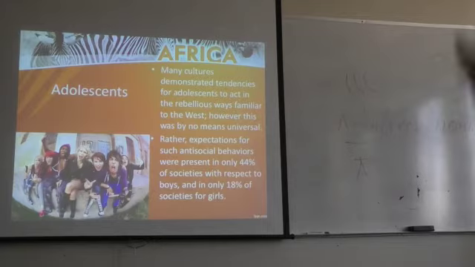So despite the fact that you had a rebellious society, it was only boys that could be rebellious. If you go to England, where the boys are sometimes thuggish, they're hooligans, you never find hooligan females. The girls don't fight. They don't go out and bash people's heads in. But it was relatively rare for that to happen.